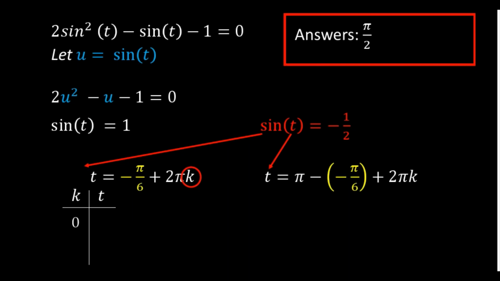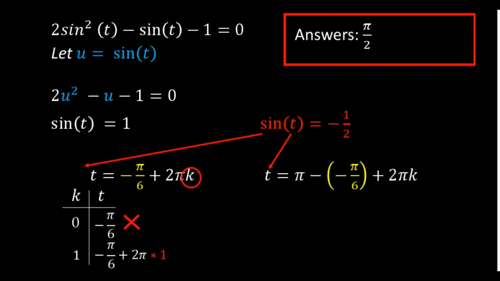So I will start with plugging in 0. We will have negative pi over 6 plus 2 pi times 0, which is simply equal to negative pi over 6. Now that's not within the interval from 0 to 2 pi, so that does not work.